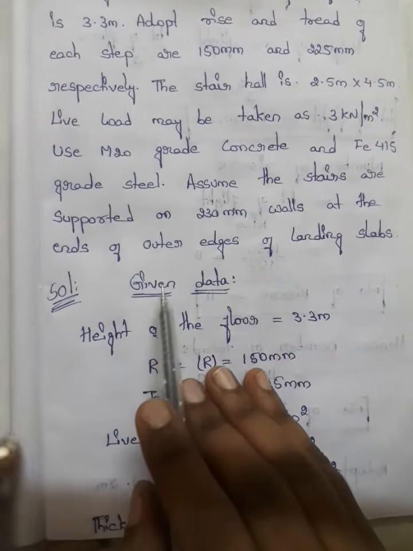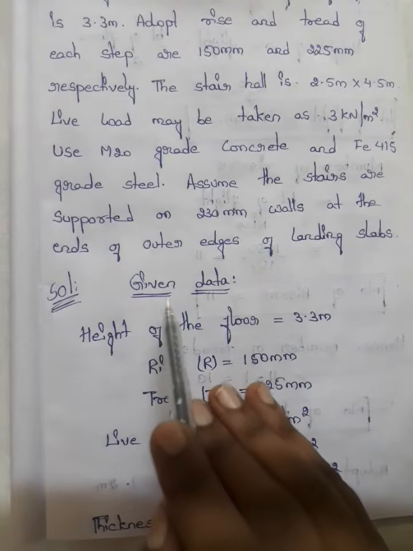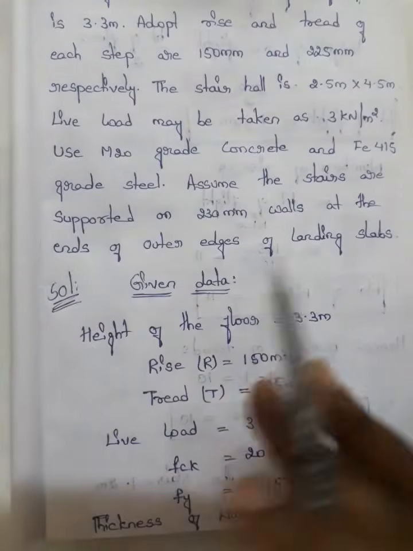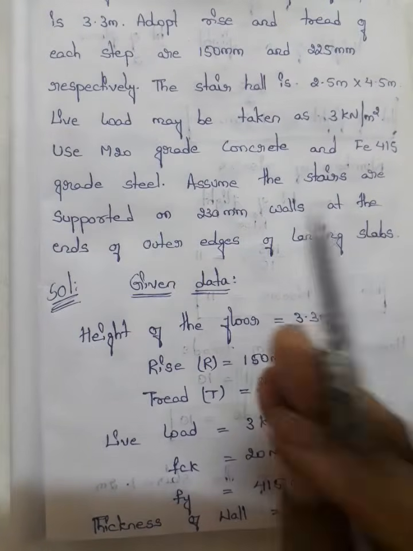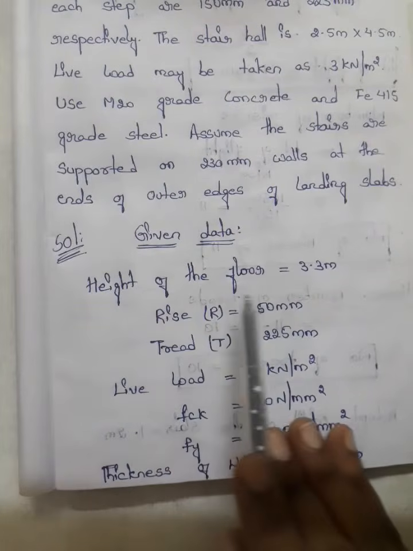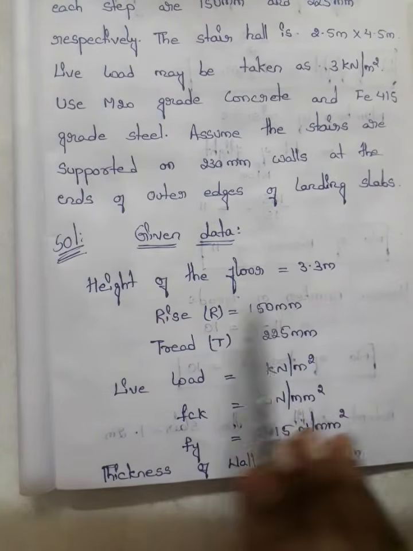So the first step, as usual, whenever we are solving a problem, you need to write whatever is given in the question first, so that you will understand what is given and what to find out. So what is given here in the question? The height of the floor is equal to 3.3 meters.